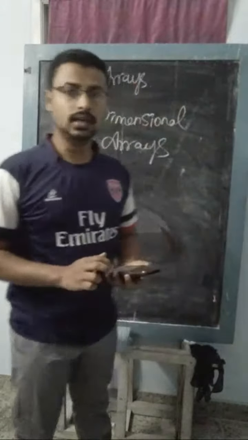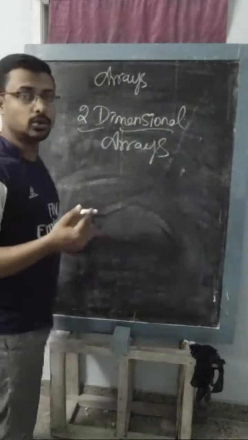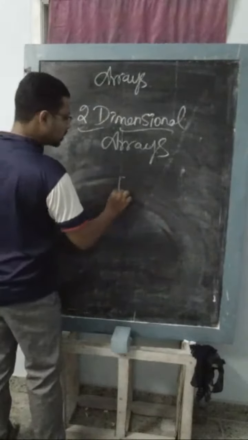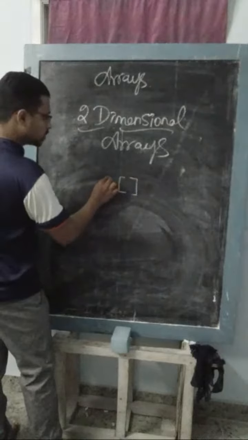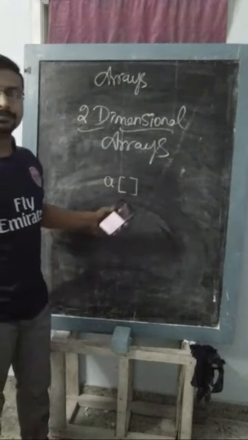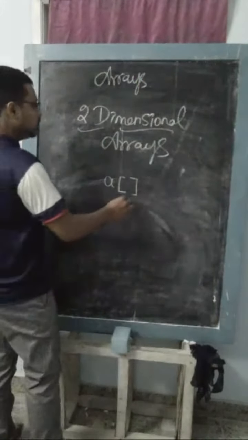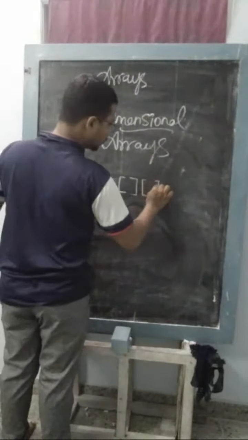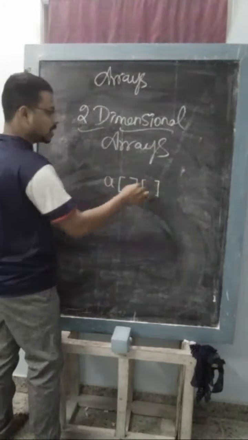As I already told you in the first array class, if a variable has one open square bracket and close square bracket, it is called a single-dimensional array. But if an array has two pairs of square brackets, it is called a two-dimensional array.